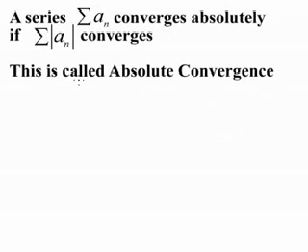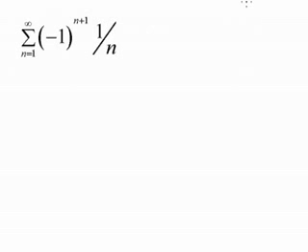The series, the sum of a_n, converges absolutely if the sum of the absolute values of the a_n converges. This is called absolute convergence. Let's go back to that example of the alternating harmonic series. We see by the alternating series theorem that the alternating series (-1)^(n+1) times 1 over n does converge, but the series of absolute values, which is 1 over n, diverges by the integral test.